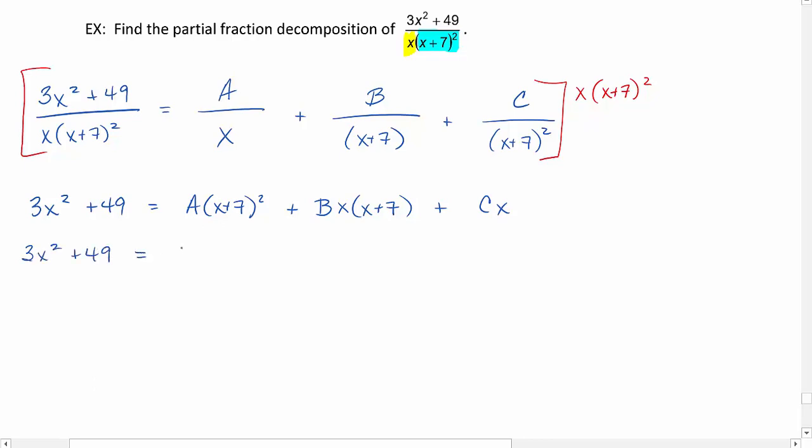For this x plus 7 squared, we're going to have to write that twice and multiply it out, or use our squaring a binomial shortcut. We get x squared plus 14x plus 49. Distributing my Bx, this is going to be Bx squared plus 7Bx plus Cx. I've got to distribute one more time that A.